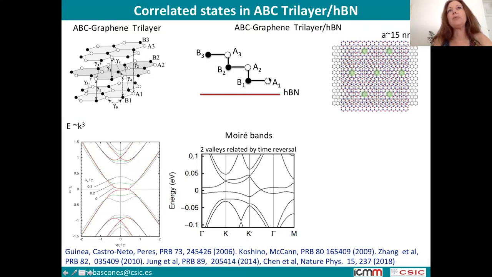When the boron nitride is put aligned with one of the layers, we have this Moiré heterostructure with a lattice constant of around 15 nanometers, very similar to twisted graphene. These bands are folded in the mini Brillouin zone, and we can see that the first bands are quite flat. Here I have only plotted a single valley, but there are two valleys, which are related by time reversal symmetry.